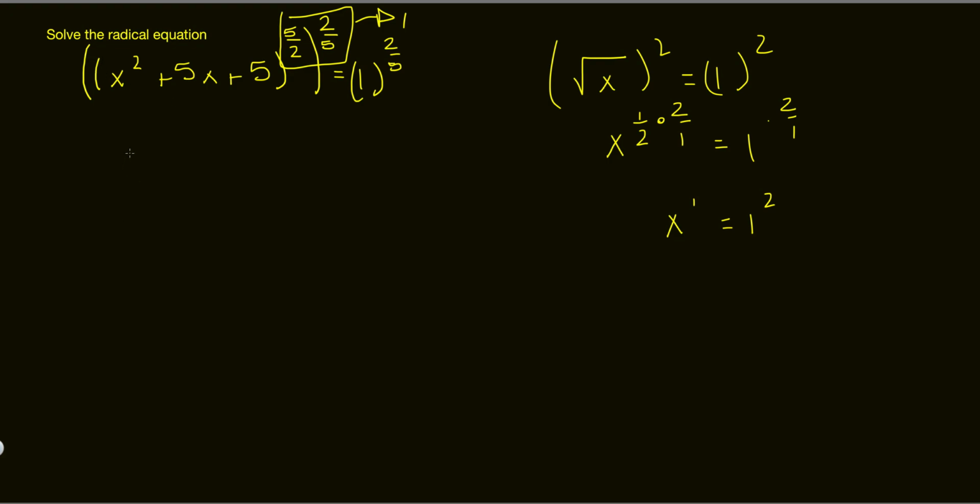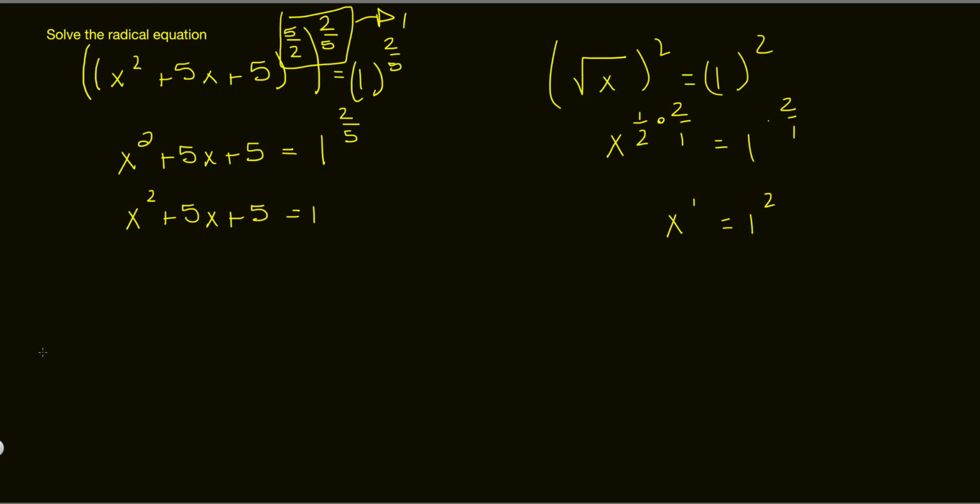So now we have x squared plus 5x plus 5 to the power of 1 equals 1 to the 2/5 power. Well, I'm glad they picked 1 because 1 to any power, even if it's a radical power, is going to be 1. So we now have x squared plus 5x plus 5 equals 1.